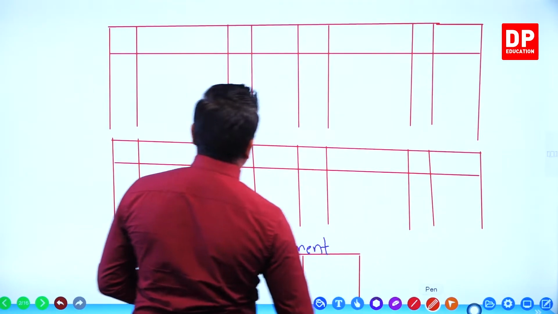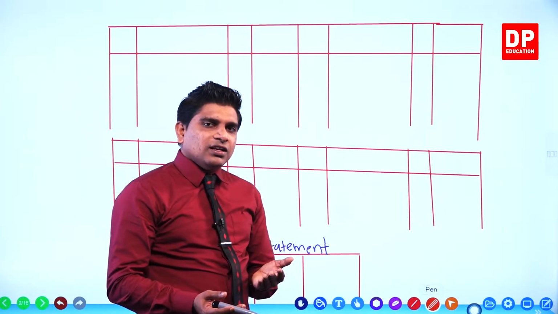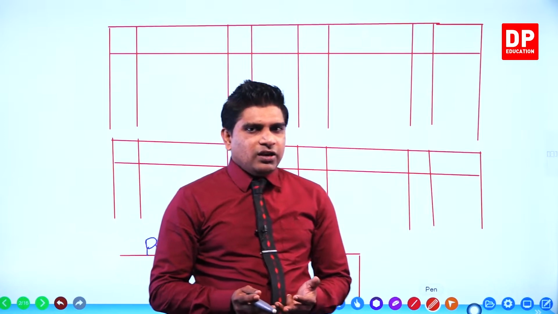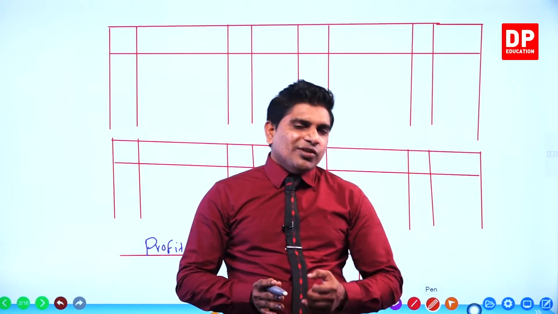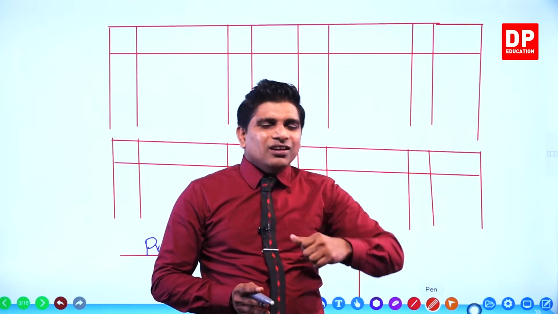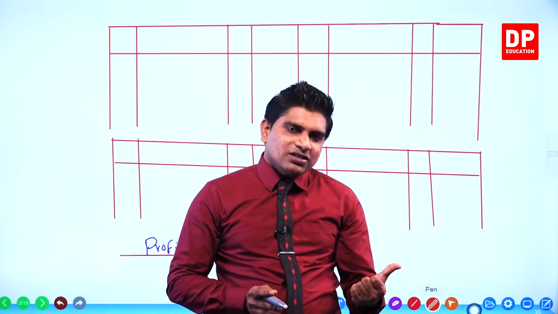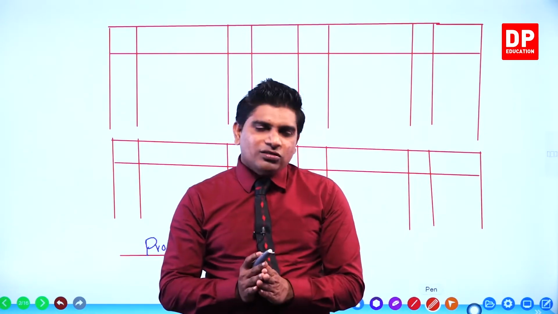We are talking about building rent now, right? I think you remember the double entry for the accrued expense, right? Building rent expense, rent is enough, right? Rent expense account debit, accrued rent account credit.